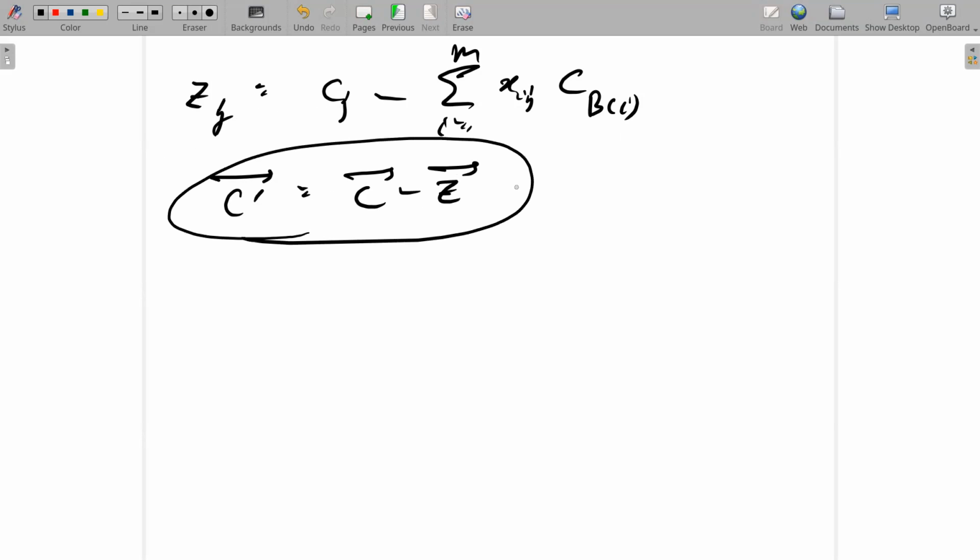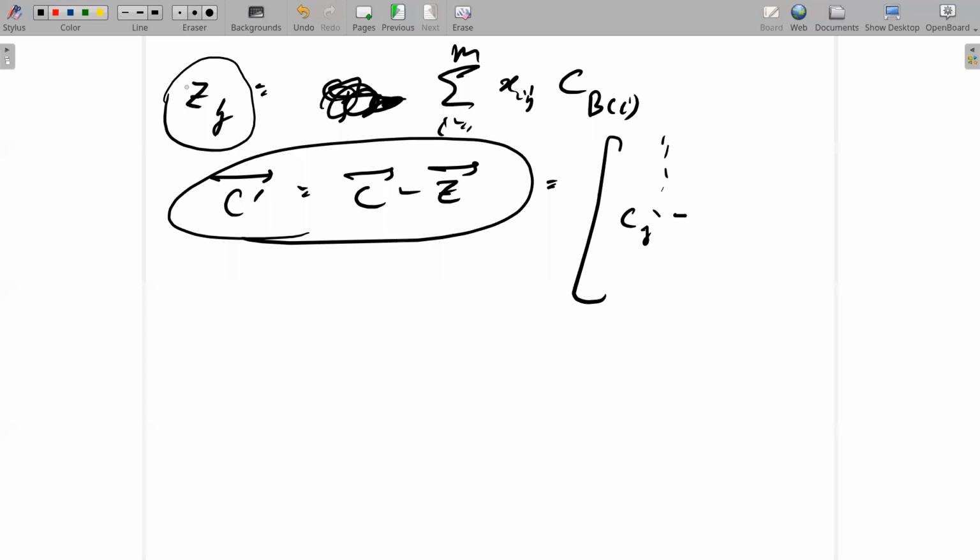So this vector, and each of these entries, the jth entry is nothing but, oh, okay, my bad. So Zj was defined to be this quantity, summation i equals 1 to m of Xij C_Bi, so that this is the differential from the original cost.